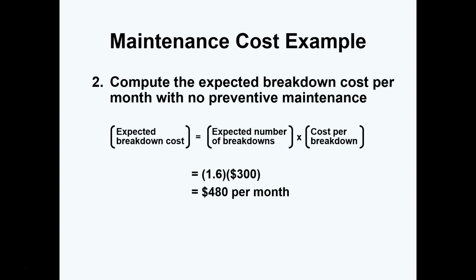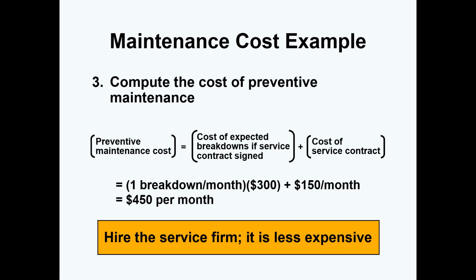If the average cost of a breakdown is $300, then the expected breakdown cost per month with no preventive maintenance will equal 1.6 breakdowns multiplied by the cost per breakdown, which is 300, and that equals $480 per month. This is what they are going to spend on maintenance per month if they do not use a contractor.